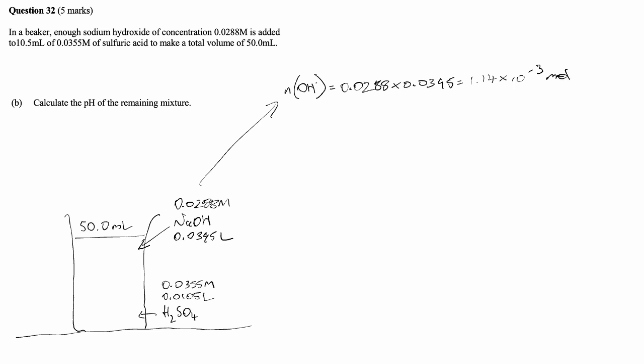Let's see how much hydronium we had. Now, H2SO4 is diprotic, so for every mole of H2SO4, we're going to get 2 hydronium.